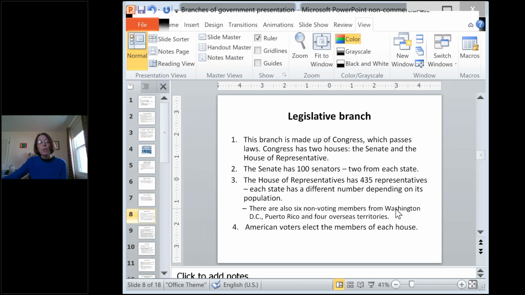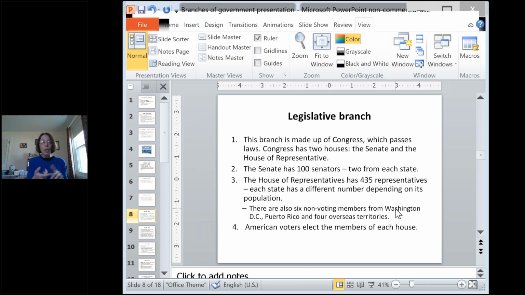Okay, so the legislative branch is made up of Congress, like we saw before. And Congress itself passes laws. Congress has two houses, which you've probably heard of, the Senate and the House of Representatives. When you vote, you probably remember that you vote for a senator for the whole state, and then your representative, which is just for your district.